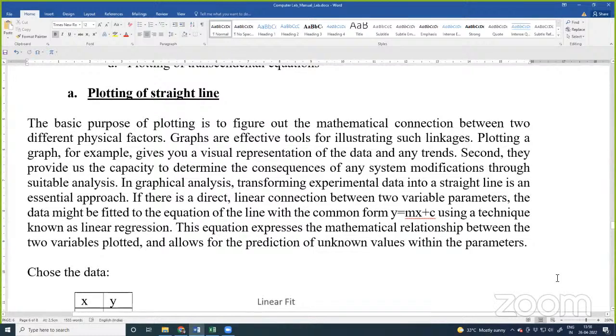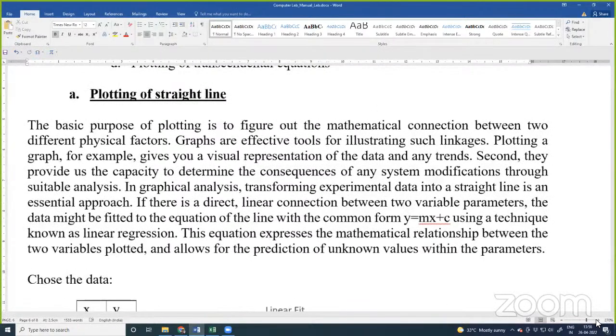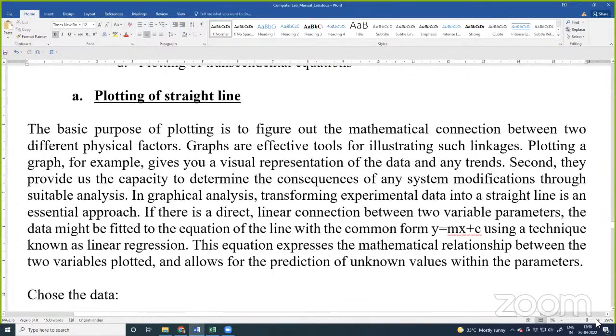What normally has to go is that the basic purpose of plotting is to figure out the mathematical connection between two different physical factors, or two variables, where the variable you are mentioning on the y axis should depend on the variable on the x. Otherwise, while plotting graphs, the x should be independent, and y depends on x.